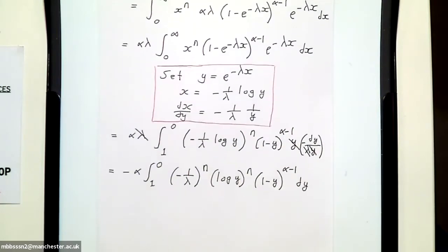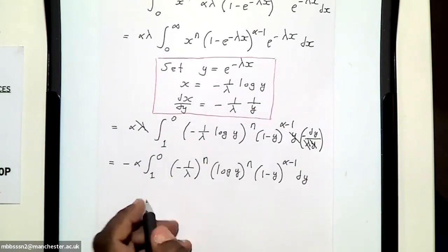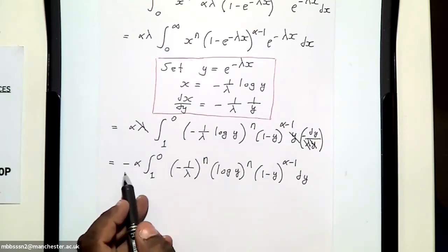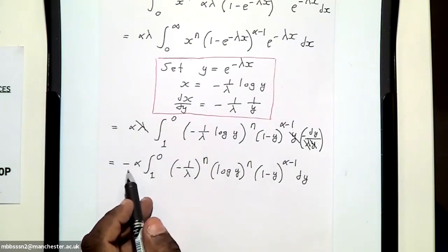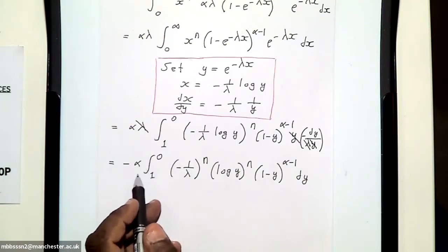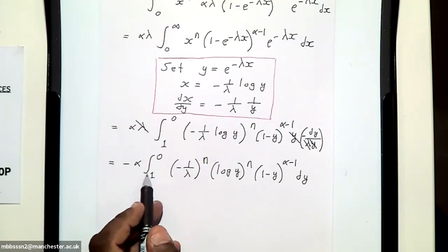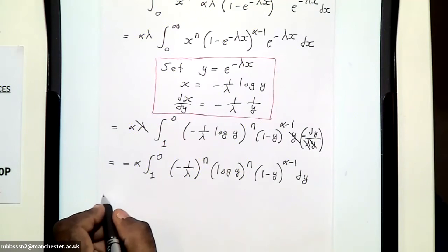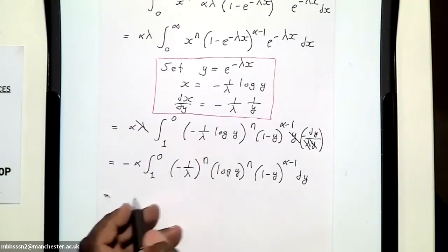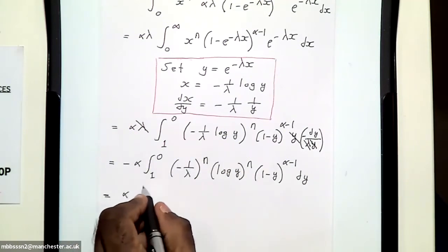Are you with me so far? Now in the next step, I'm going to use this minus sign here to switch the limits. Remember, if you multiply some integral by minus, you can switch the limits around using the minus sign. And also, I'm going to take this outside, so it's going to be alpha.